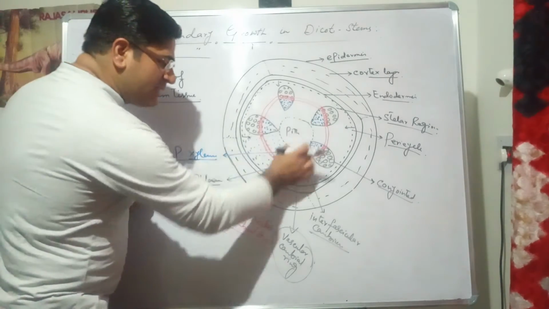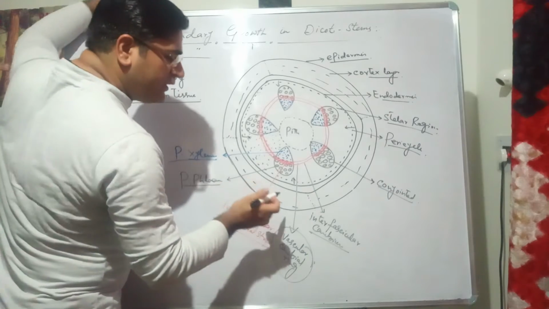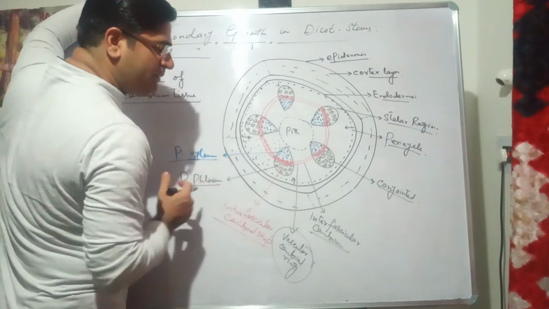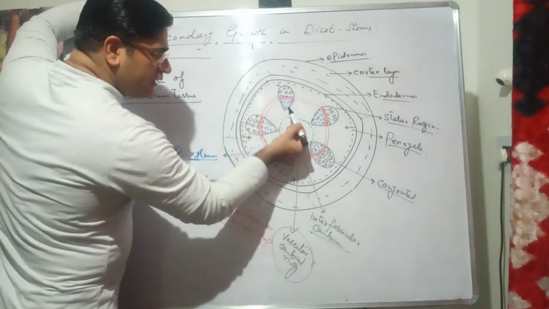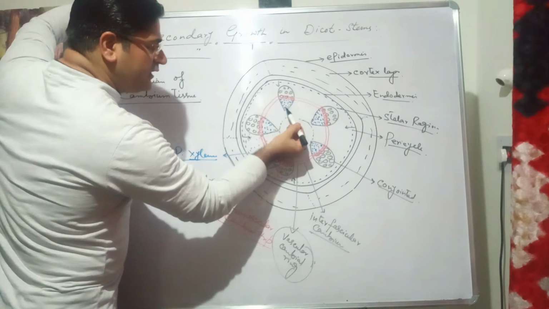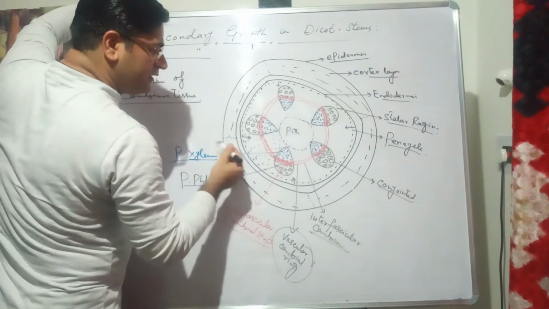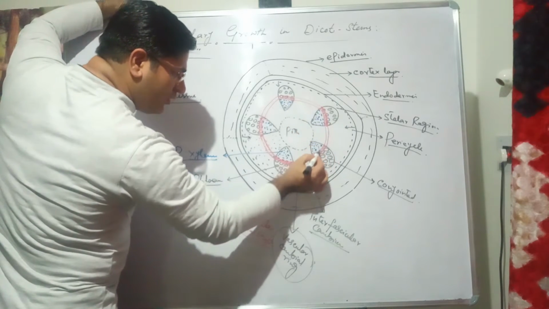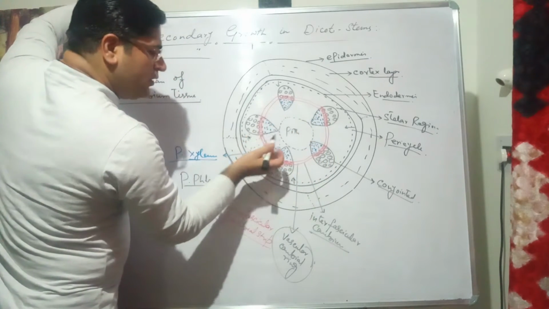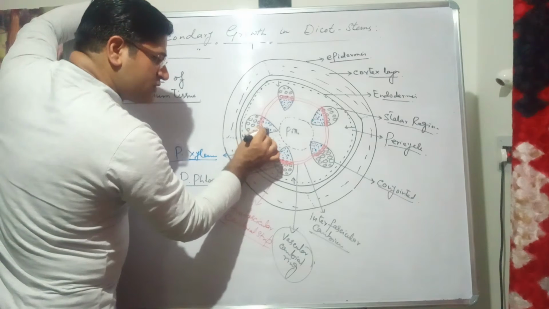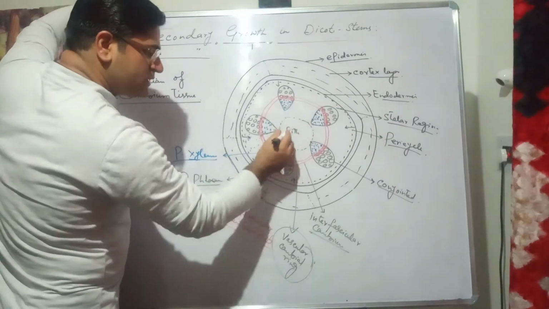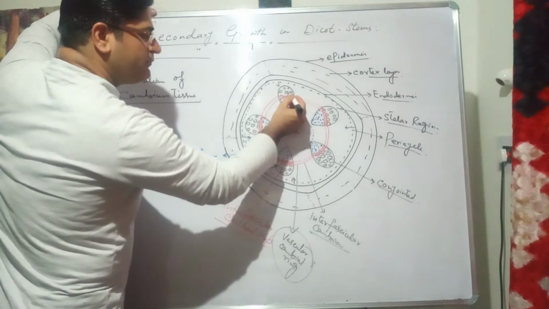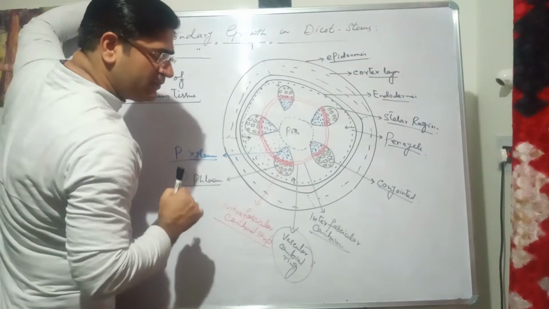Now, when this cambium tissue is formed, where is it formed and what happens with that? Look here, here is the xylem tissue within the bundle, here is the phloem tissue within the bundle. So between the xylem and the phloem, this ring is formed. Primary xylem was here inside towards the pith, and primary phloem is towards the periphery.